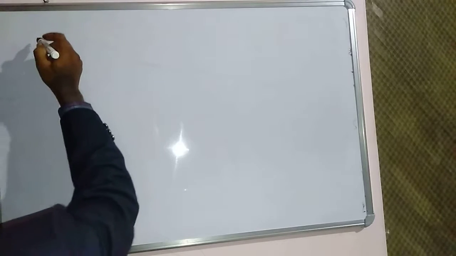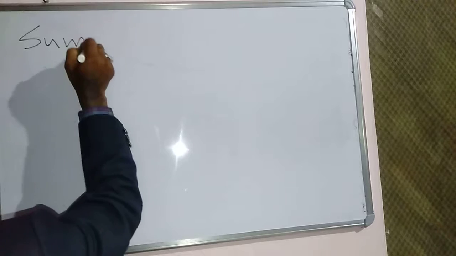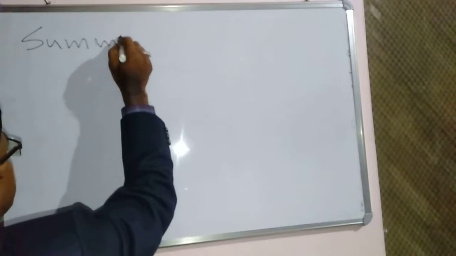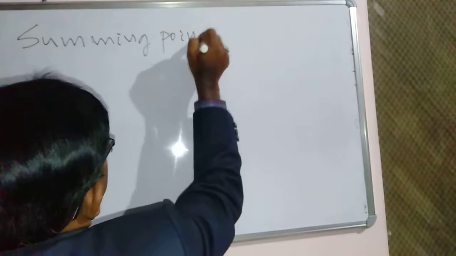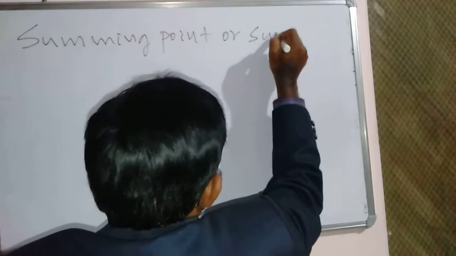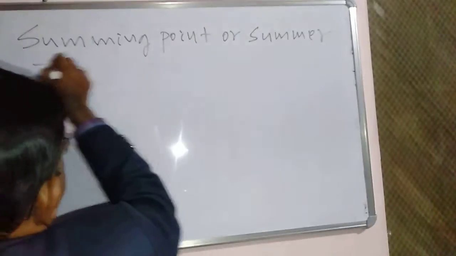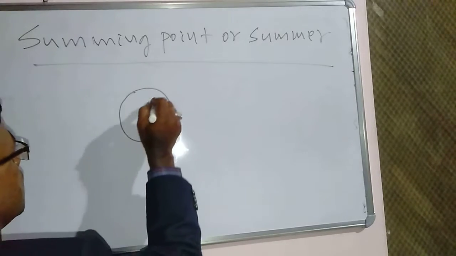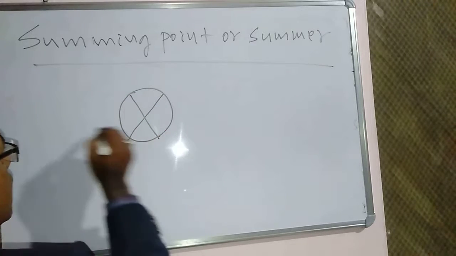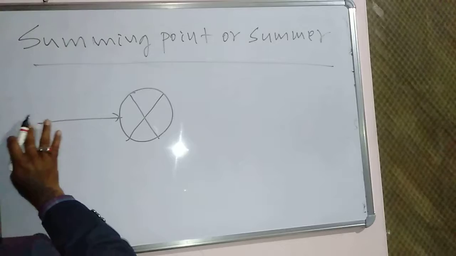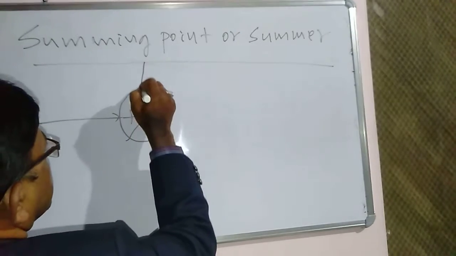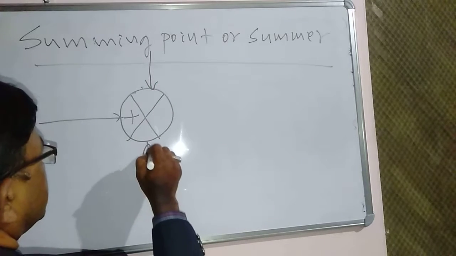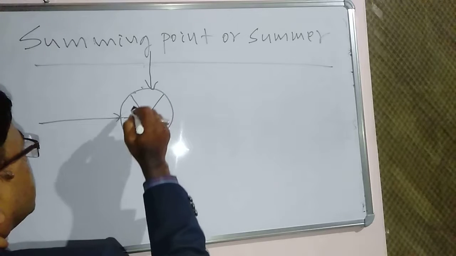Then next we will discuss about the summing point, or summer. So this is called the summing point, or it is called summer. So this is one input, this is another input, this is another input.